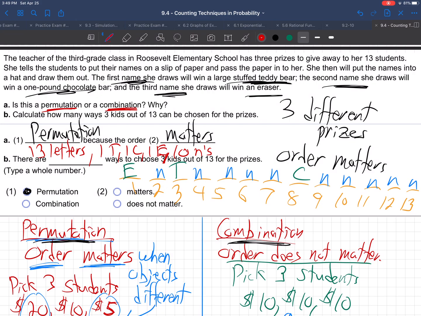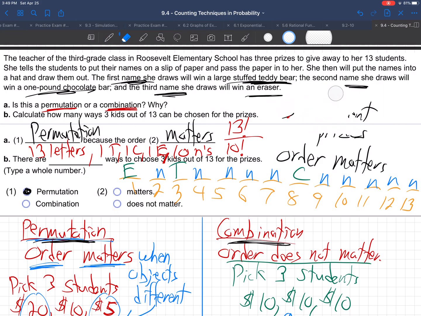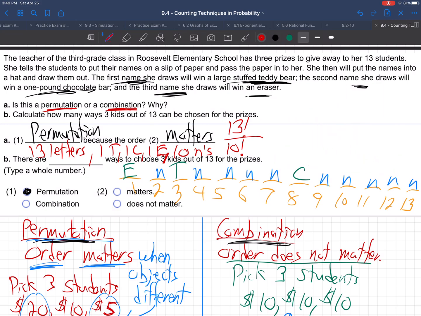So you remember the formula, right? It's 13 factorial over 10 factorial, and you don't even need to put the 1 factorials because they're not repeated.